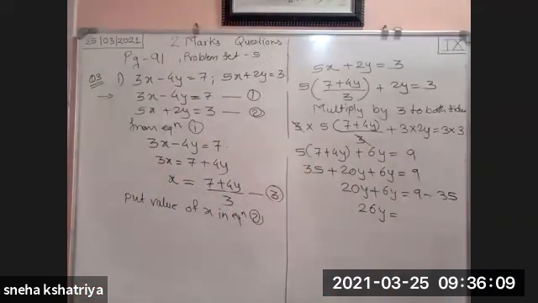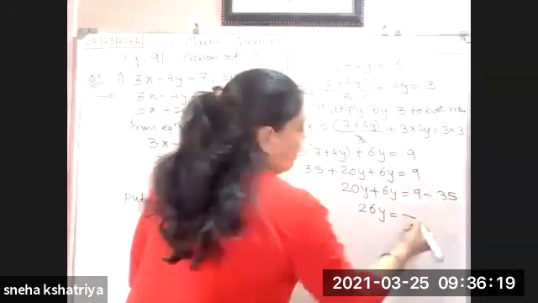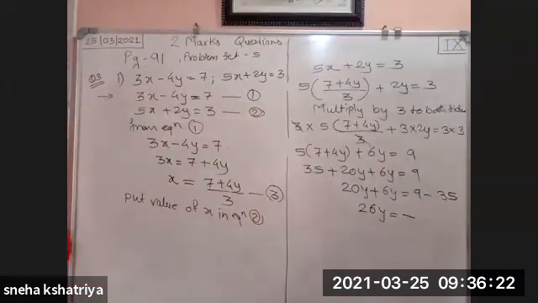Again see here, 9 minus 35. 35 is the bigger number, its sign is minus, so the answer will come minus. Whatever the bigger number is, that sign will come to the answer. So I have written there minus sign.